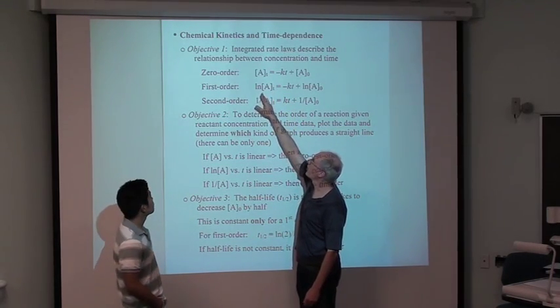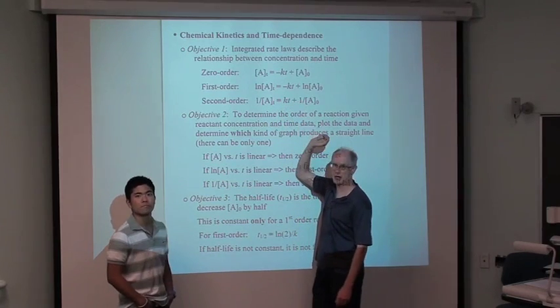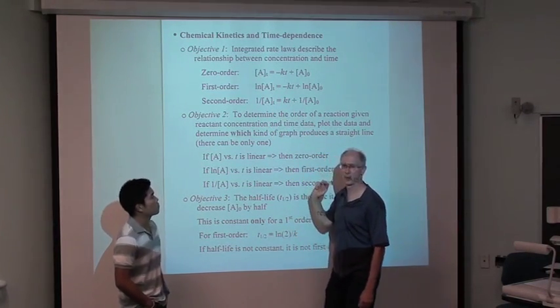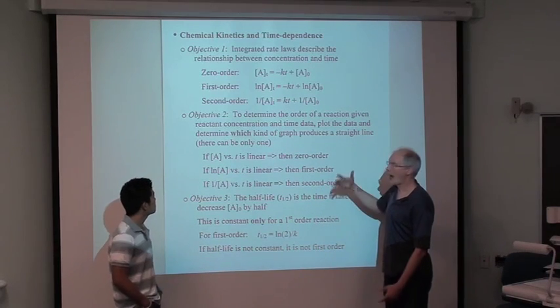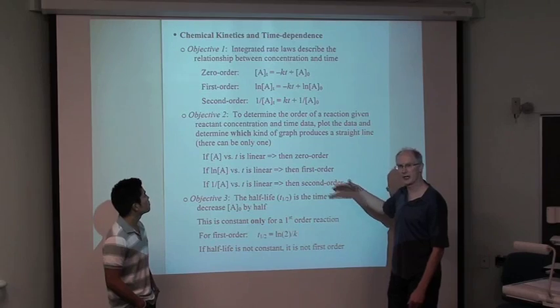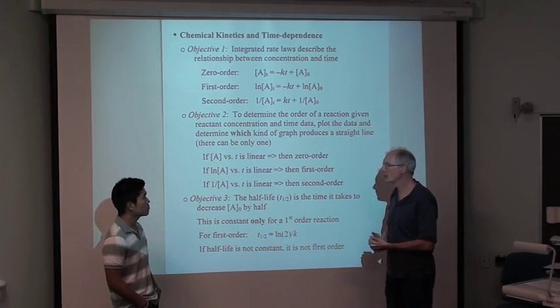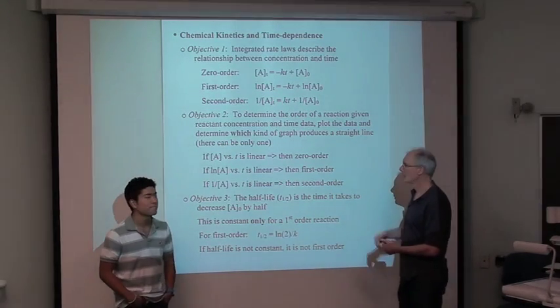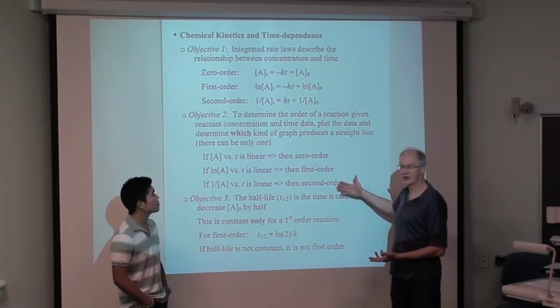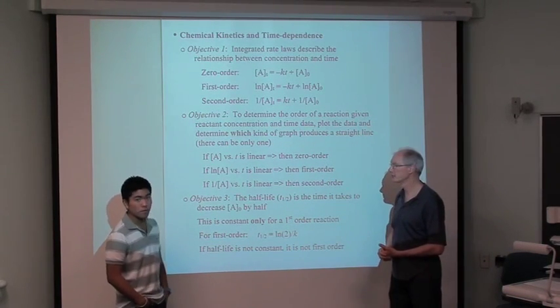Natural log of concentration versus time gives you a straight line. And 1 over the concentration versus time gives you a straight line. So you have to ask which one fits the straight line. You have to plot all three, which is a little work, but not that bad. Only one of these will give you a straight line. The one that matches tells you what order it is.